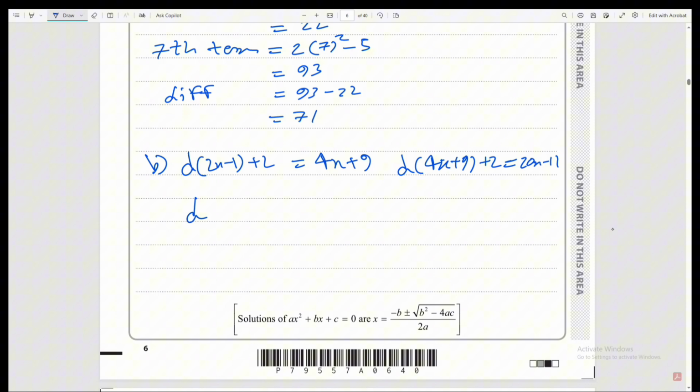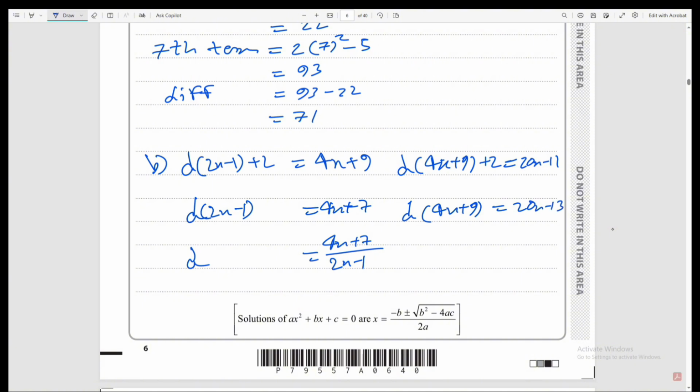Now we can simplify it by writing d into 2x minus 1, taking the 2 to that side, equals 4x plus 7, and we can isolate d here and take the 2x minus 1 as divide. Also, we can do the same thing here. It's 20x minus 13. d equals 20x minus 13 divided by 4x plus 9.